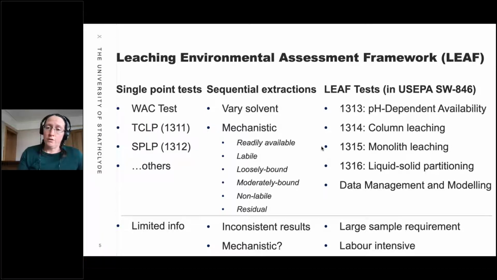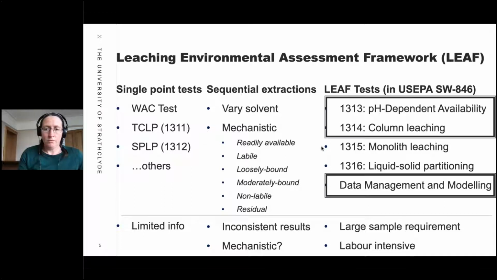The downsides to LEAF are that you require a fairly large amount of material, between 500 grams and a kilogram to work through the tests that you might need to do, and it's also quite labor intensive. So I'm going to focus on 1313, 1314, and a bit of the data management and interpretation of it.